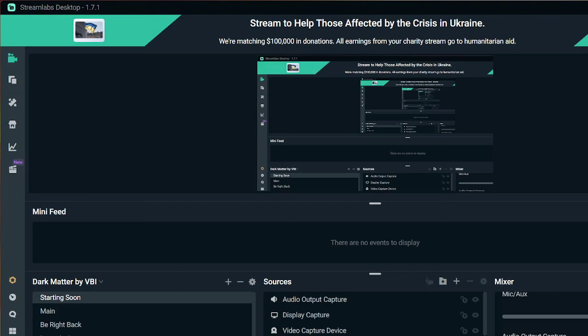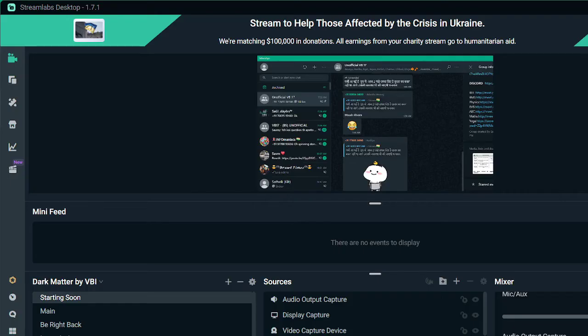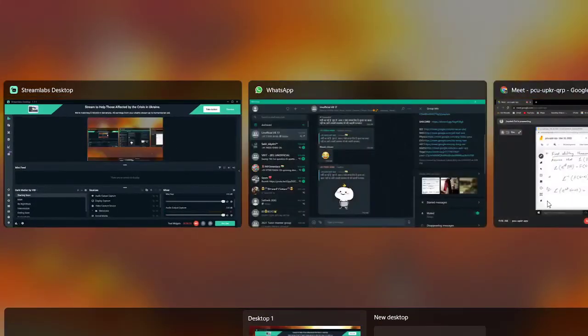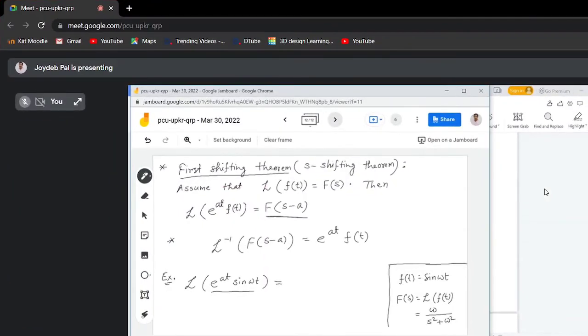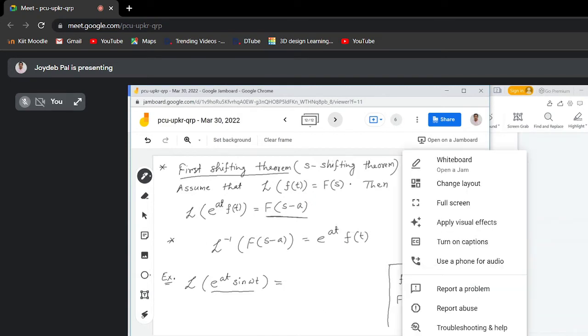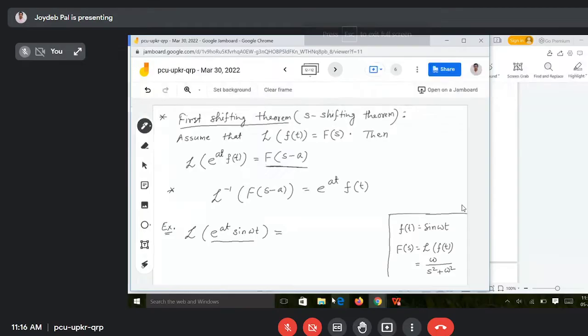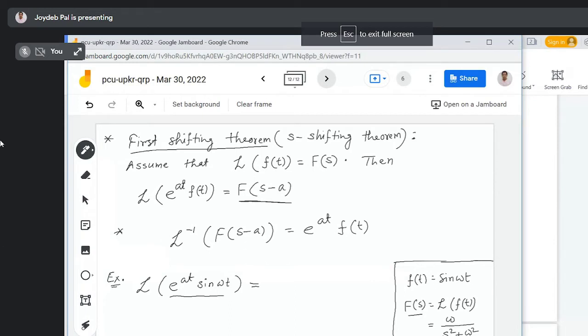Minus a. Now here a is our a, in general a. So what will be f of s minus a here? F of s is omega divided by s square plus omega square. Then what is f of s minus a? In that f of s, you put s is equal to s minus a.